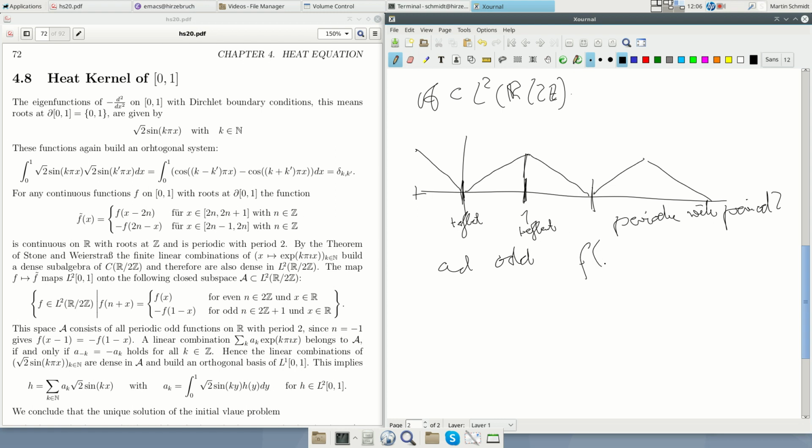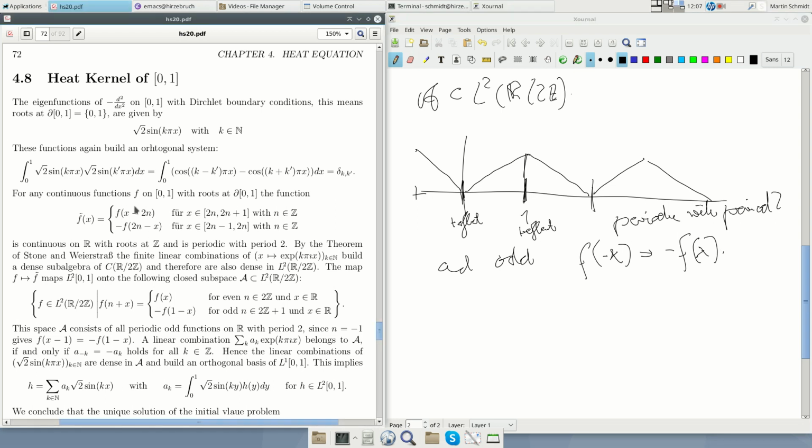So this means f(-x) is equal to -f(x). By this definition of this subspace, you see if we insert 1, then you see it's really odd.